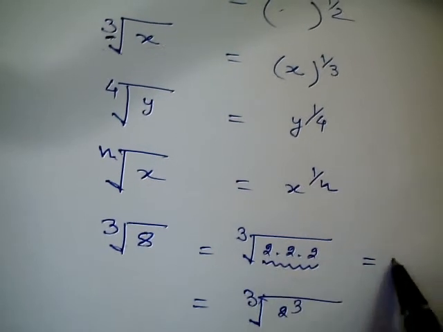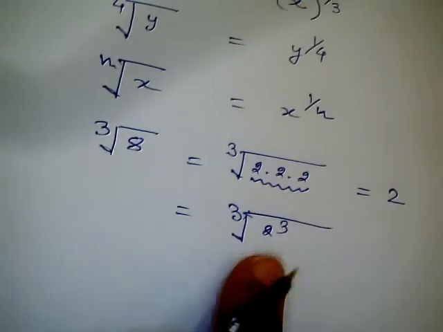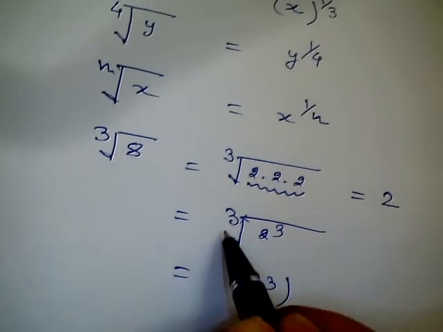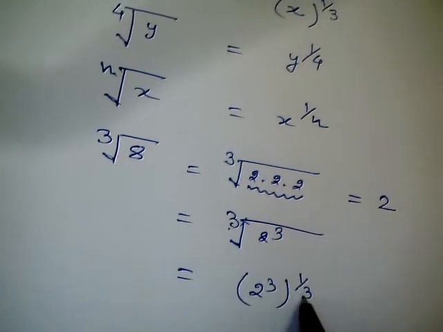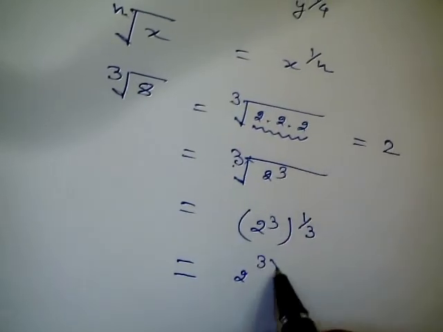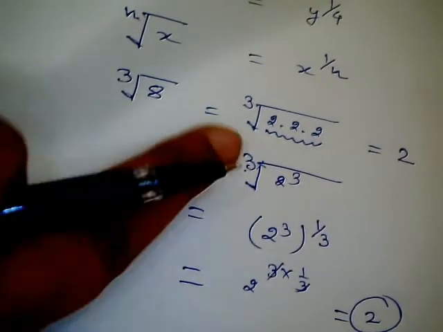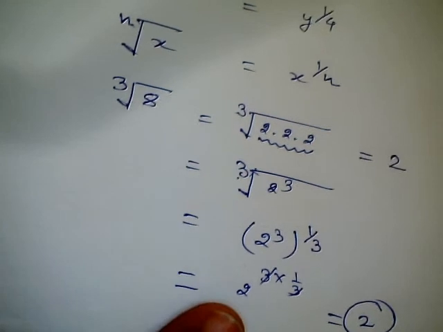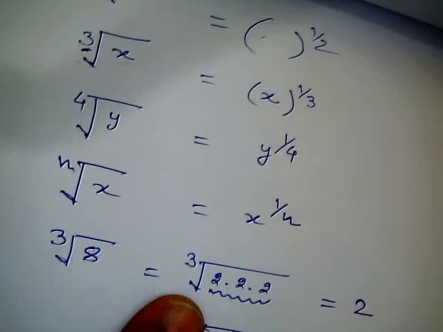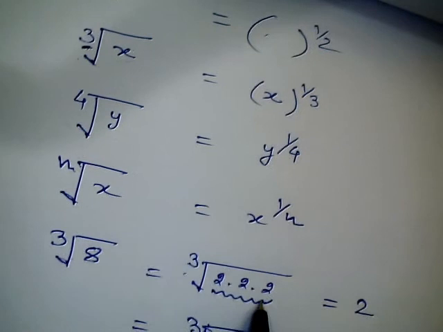If I do it this way, it means 2 cube, and when you remove the sign with index 3 it is going to be 1 by 3. Power to the power gets multiplied, so this cancels out. Instead of this long procedure, this is just for explanation, but it is not required. What we require is to factor out, and if the index is 3, the number should be repeated 3 times. Then one number itself will be the answer.